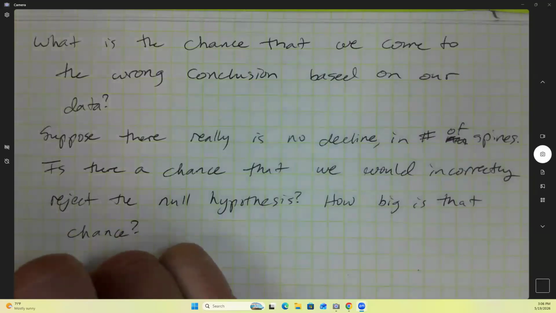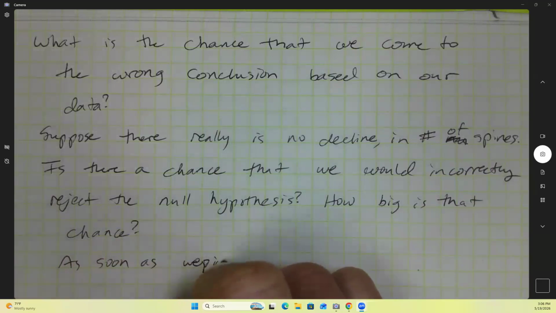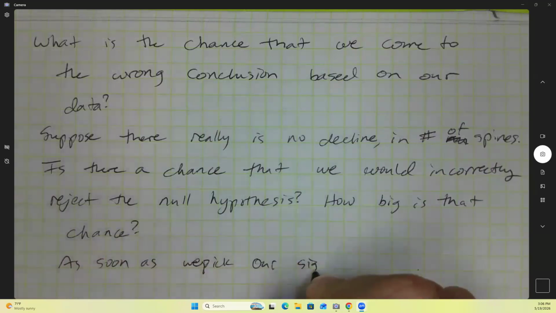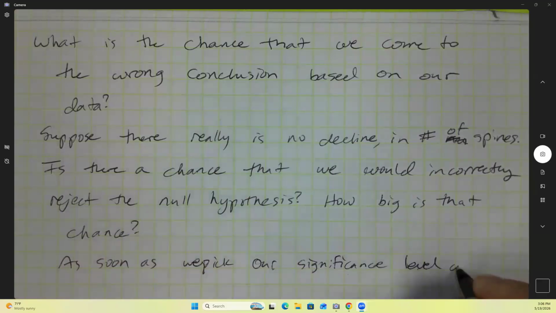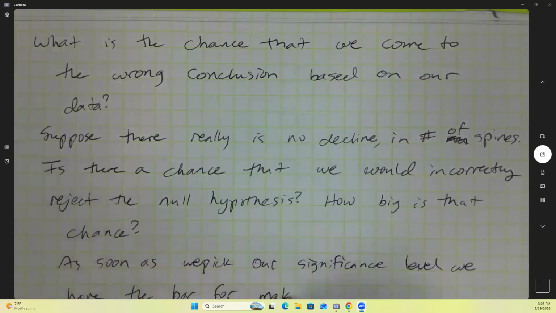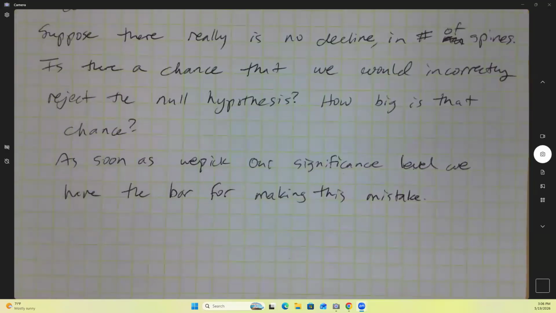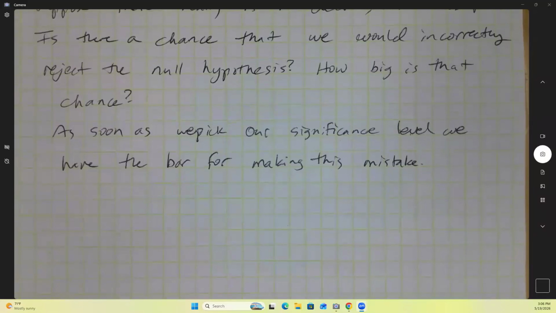As soon as we pick our significance level, we have set the bar for making this mistake. Right? There is a chance, and the size of that chance is exactly our significance level.